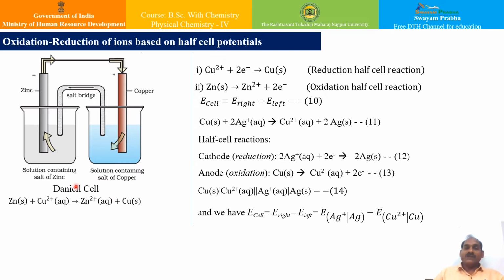These individual half cell reactions on addition will give the overall reaction. So these reactions occur in two different portions of the Daniell cell. The reduction half cell reaction occurs on the copper electrode, while the oxidation half cell reaction occurs on the zinc electrode.